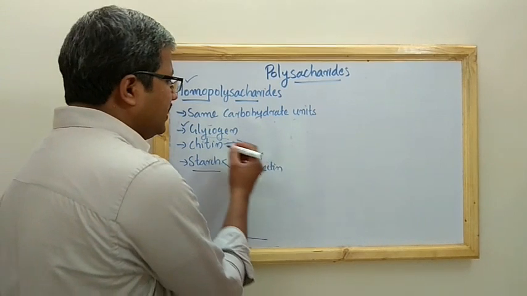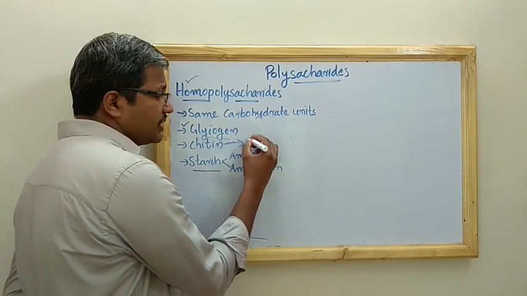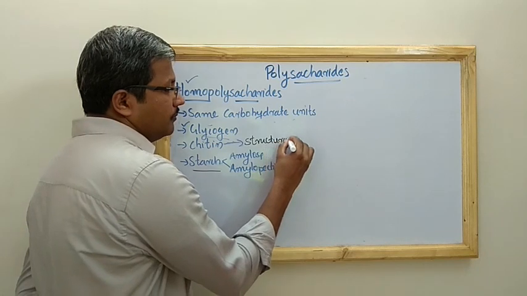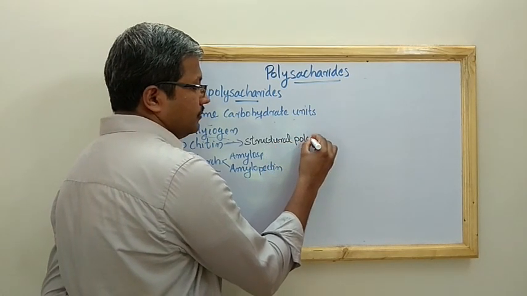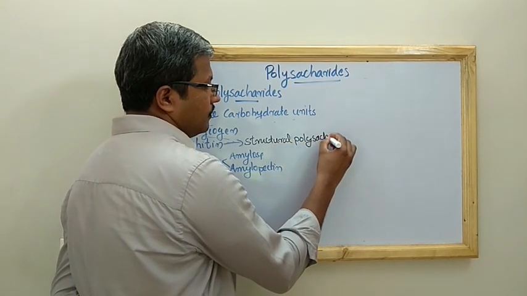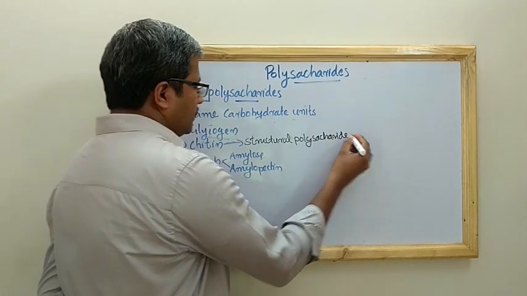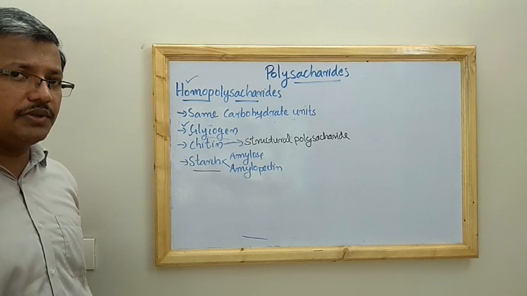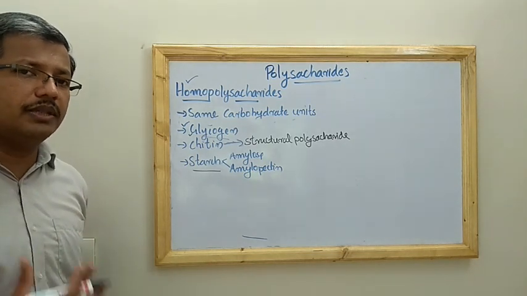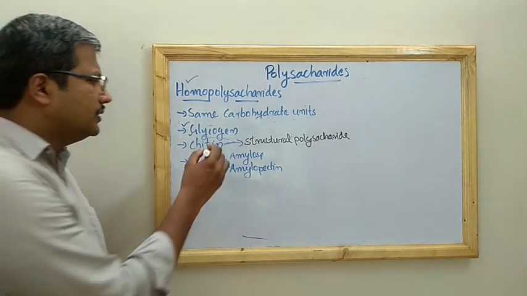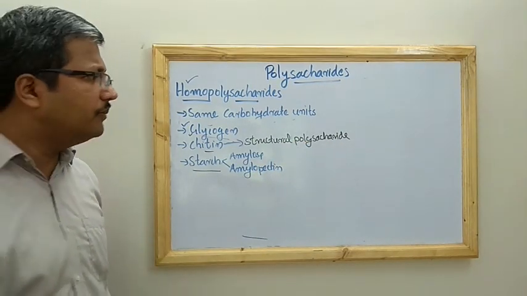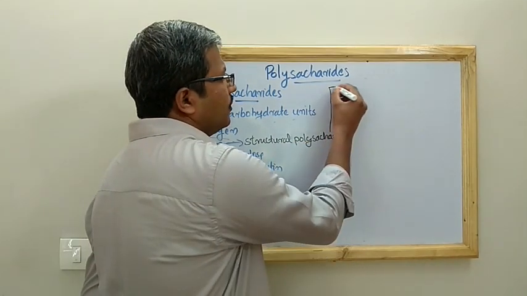So where can we find chitin? Chitin is actually a structural polysaccharide. We have learned glycogen as the storage polysaccharide, or the storage molecule, or the metabolic molecule. Here chitin is actually the structural polysaccharide, where it forms the structural component of the organism.